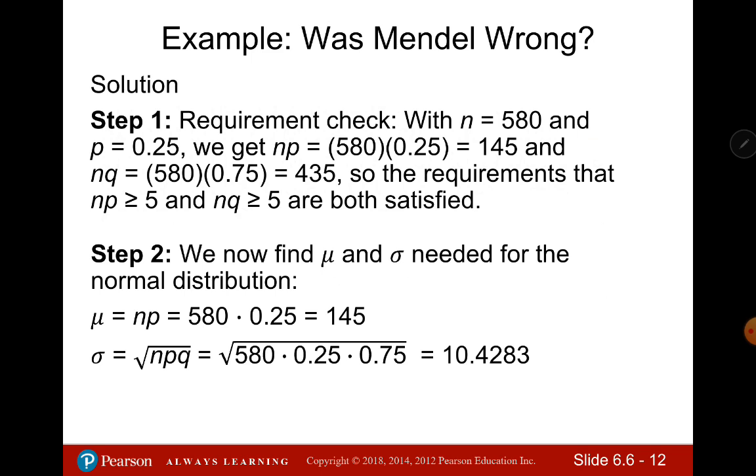We treat yellow as success. So 25% of them are yellow peas. Then we use the binomial formula to get the mean mu and the standard deviation sigma. So first step, we check if the distribution is binomial or not. If yes, then we can continue to use the binomial formula to get mu and sigma.